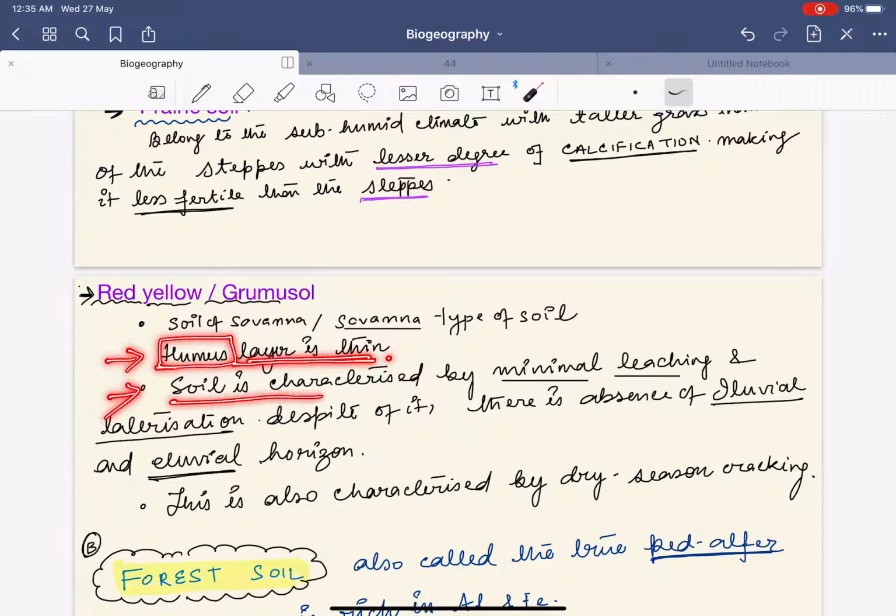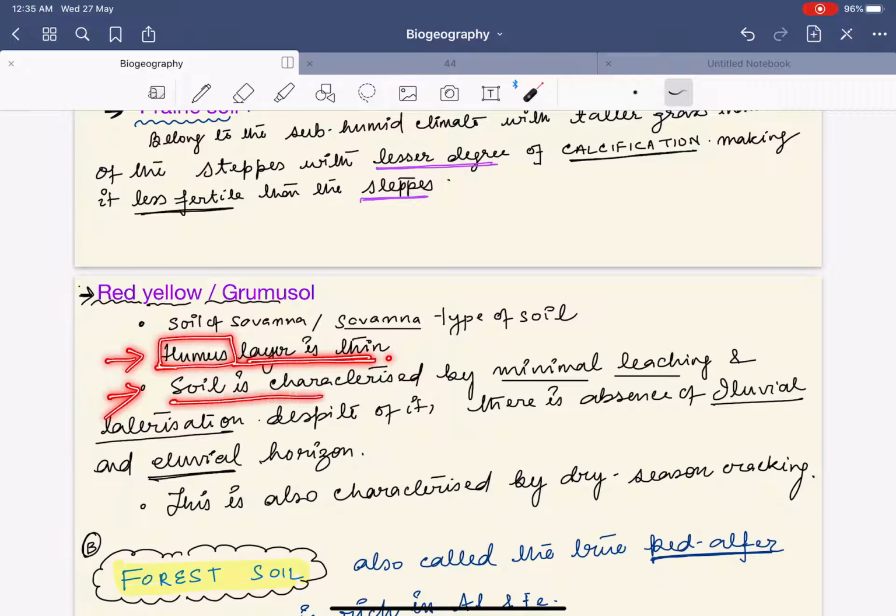Peaty type of soil develops where the soil is inundated by water. In the tundra region, there is the melting of the water, and this ablated water results in the development of this peaty type of soil. Hence, in the stable slope condition, there is presence of the peaty layer due to the slow rate of plant decomposition.